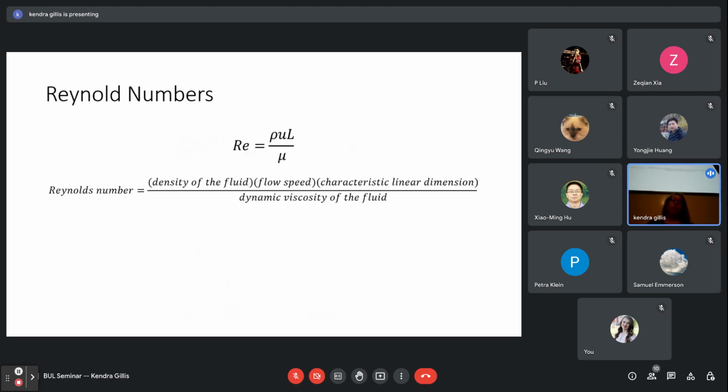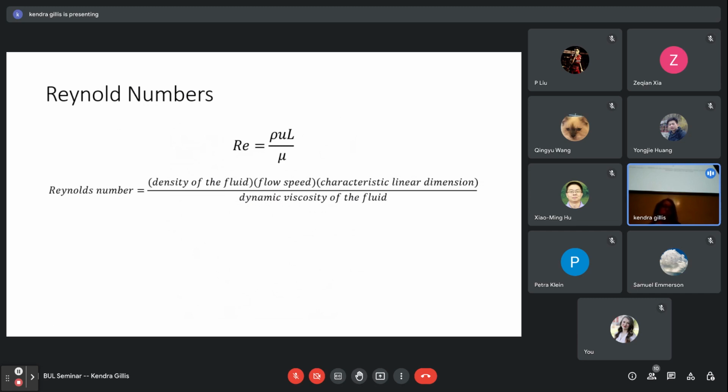The Reynolds number is the main number we use when studying turbulent flow. It's the density of the fluid multiplied by the flow speed, multiplied by the characteristic linear dimension, and divided by the dynamic viscosity of the fluid.